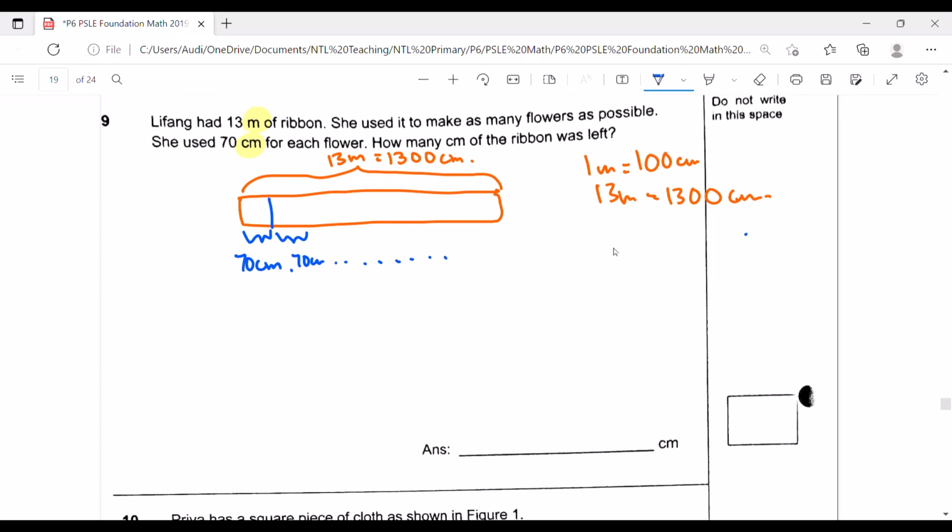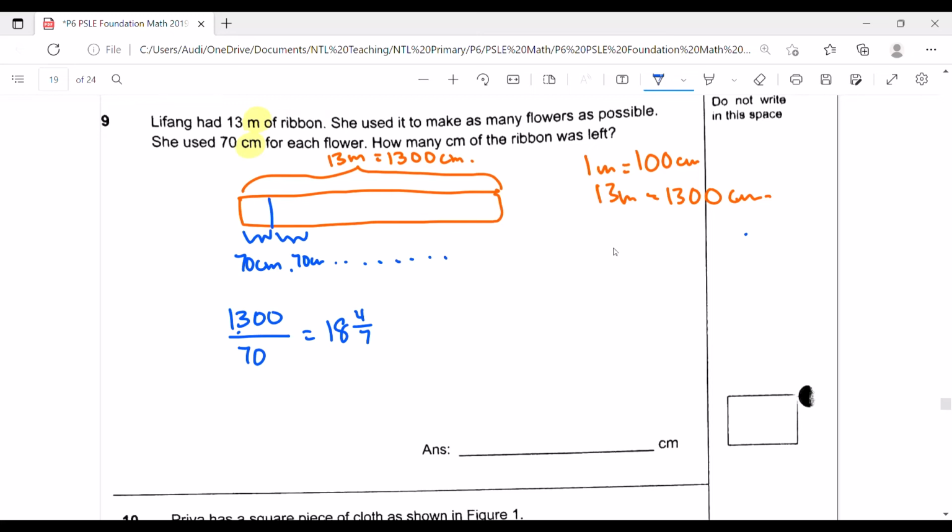So the way to do it is just take this 1300 divided by 70. You use your calculator, and you get 18 4/7. Okay, what does that mean?